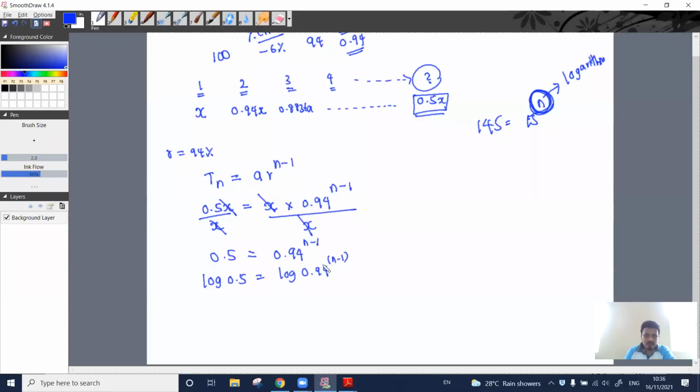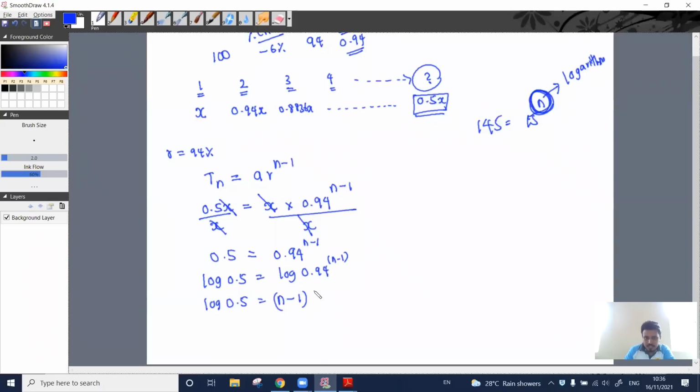Right? Then as per a rule of logarithm, we can express this one. We can take this power value to the front. So it becomes what?